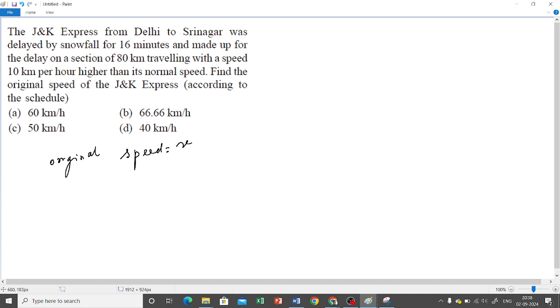Original speed is x. Now what is the new speed? 10 km per hour higher. X plus 10, right? Now, if it could have traveled 80 kilometers with this x speed, then it would have been 16 minutes late. So that means 80 by x minus 80 by x plus 10 is equal to what? 16 minutes. So that means 16 by 60.